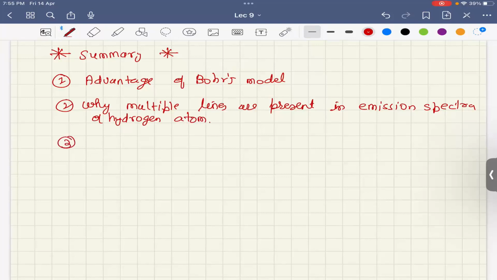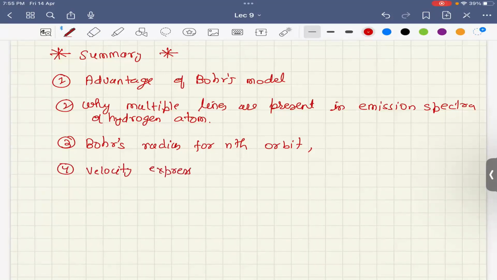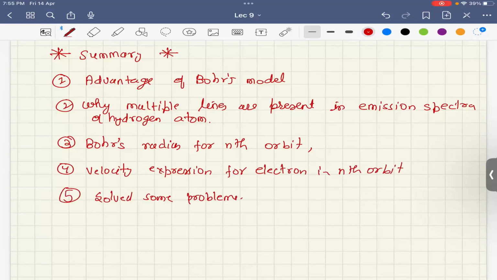Further, we have also studied Bohr's expression for the radius of the nth orbit, and also the velocity expression for the electron in the nth orbit. Further, we have also solved some problems. So this is where we conclude today's class.